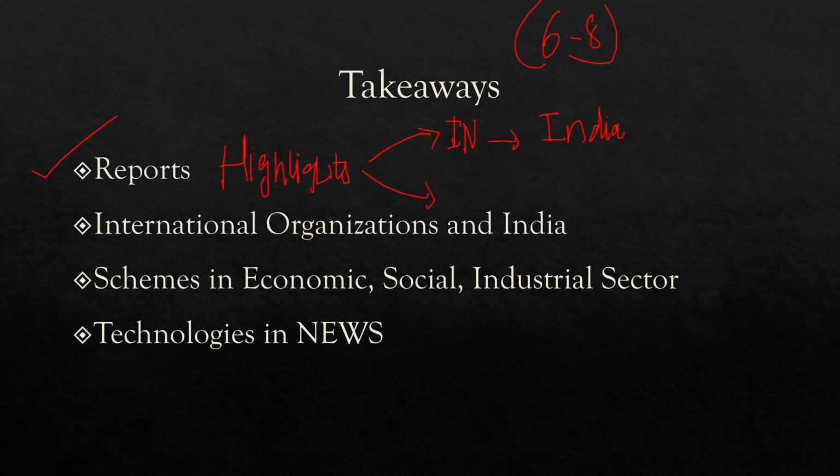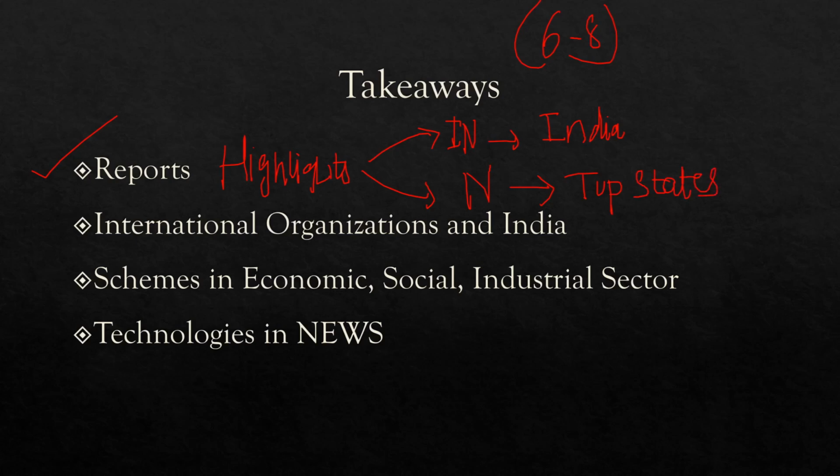And if it is a national report released by any national organization, say for example Niti Aayog, or say RBI has released some report, then you need to know the top states that have performed in India, right?